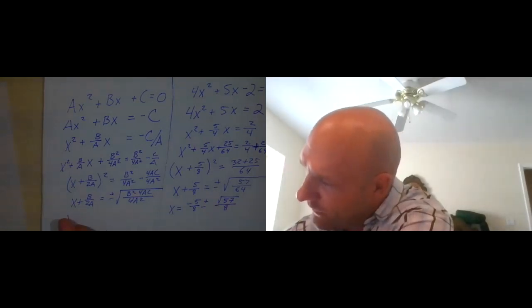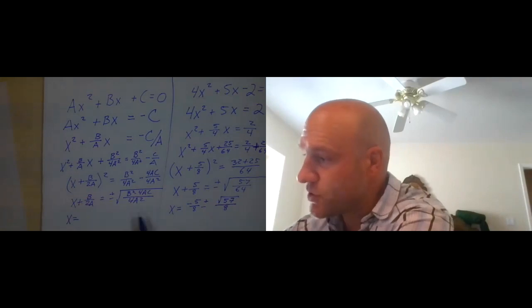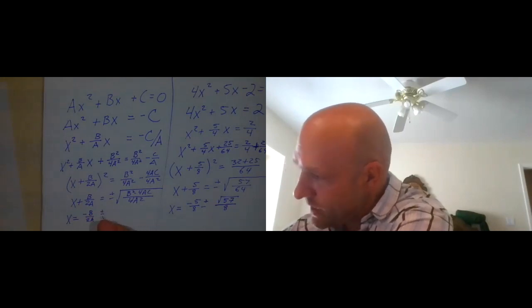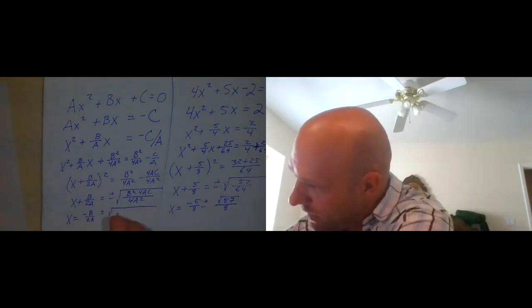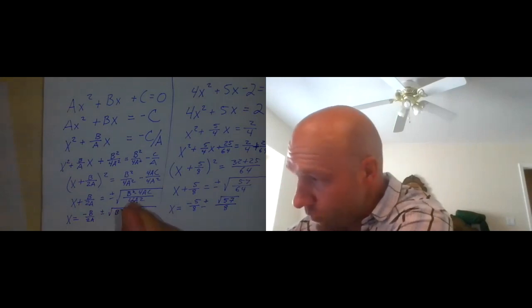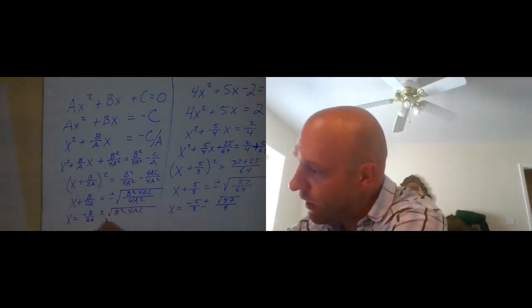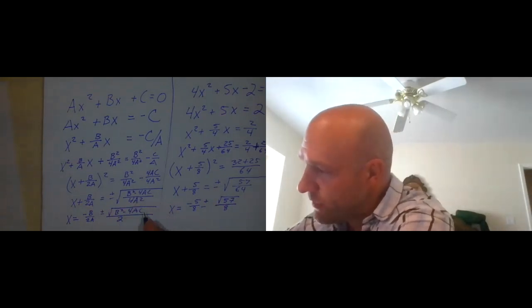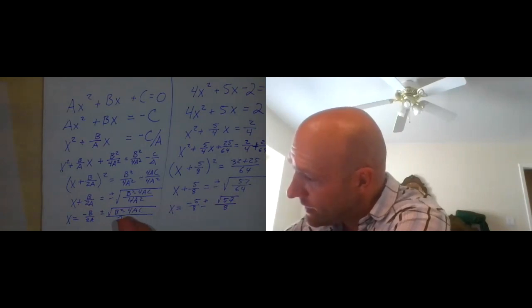Back to this side, I get that x equals, so I had to subtract b over 2a, so negative b over 2a plus or minus the square root of b squared minus 4ac over the square root of 4. Oh, I know what the square root of 4 is. And the square root of a squared, I know what the square root of a squared is.